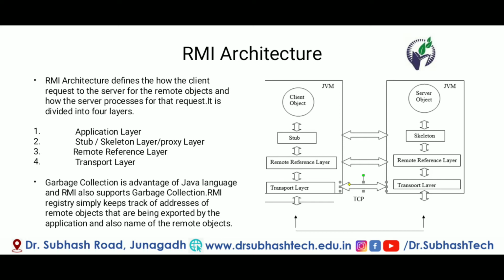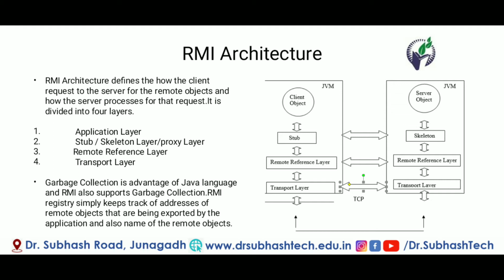We consider it a stub object, and it is connected with the remote reference layer, which is connected with the transport layer. After the data is transmitted through the network, it is sent to the server side, where there is also a transport layer. Then it is connected with the remote reference layer, and that is connected with the skeleton object or remote object residing at the server side, and that object is connected with the server system or JVM.